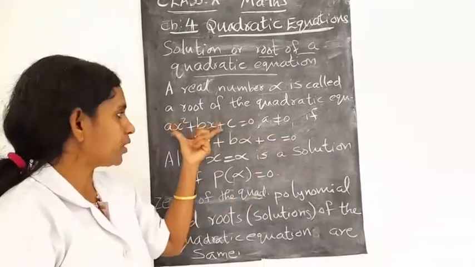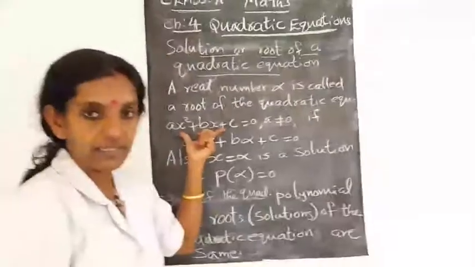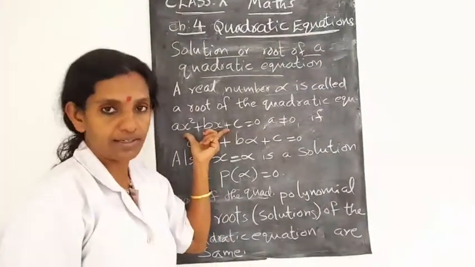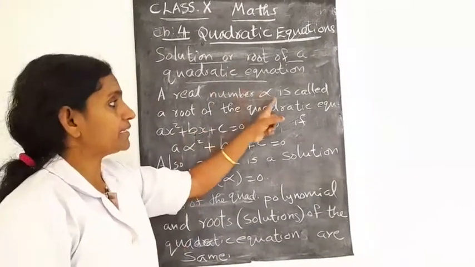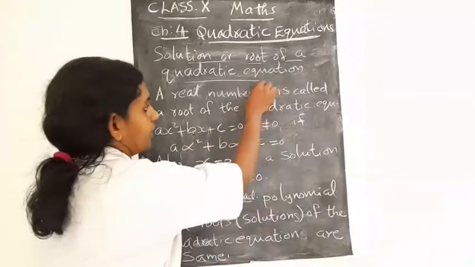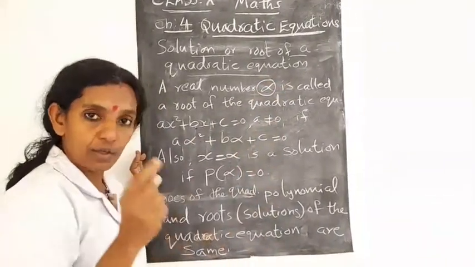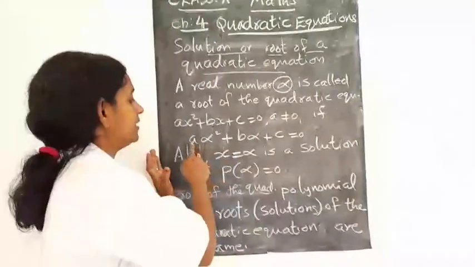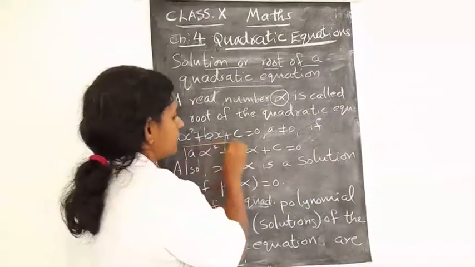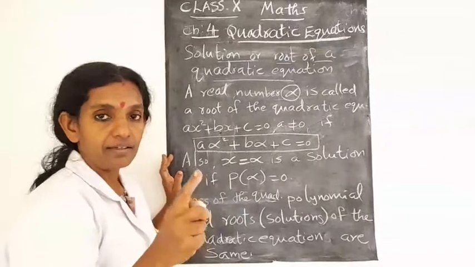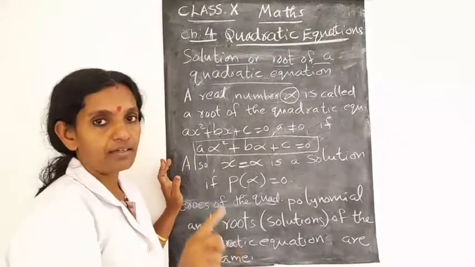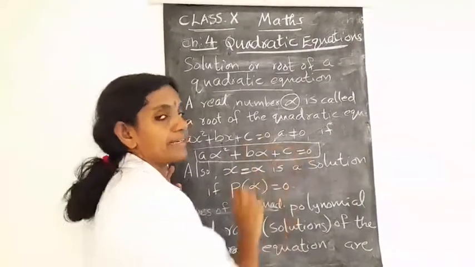So in this equation ax square plus bx plus c equal to 0, the general form of the quadratic equation, in the place of x, if we are substituting the value x equal to alpha, then a alpha square plus b alpha plus c equal to 0. If you are substituting x equal to alpha, then this equation satisfies.